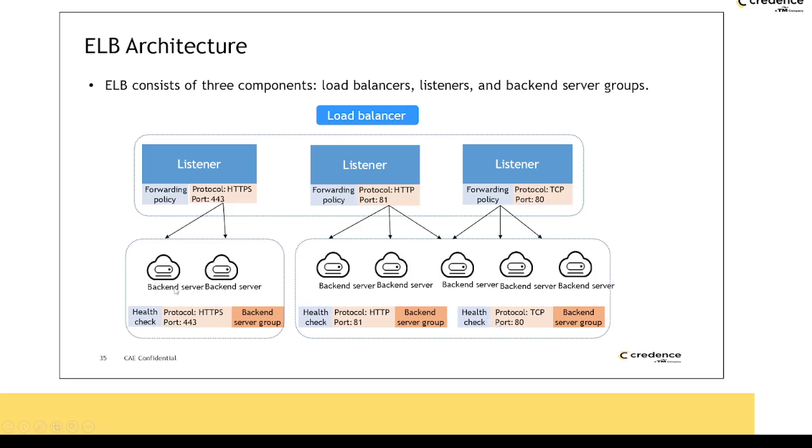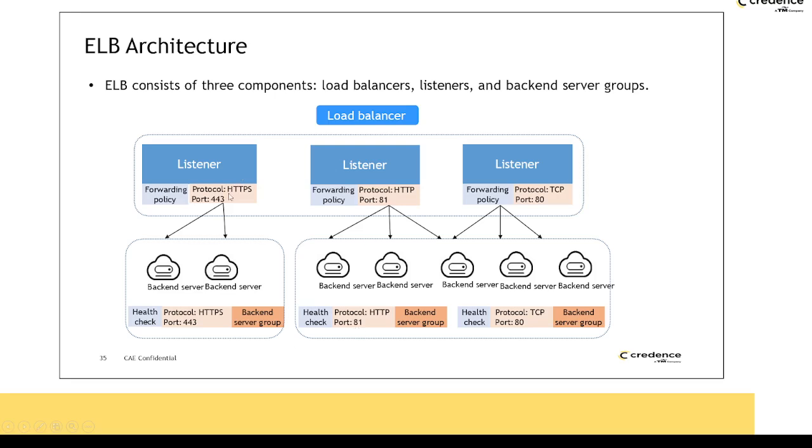The listener is based on the backend servers that have been configured. Let's say in the backend we have 5 backend servers in this part and only 2 backend servers in this part. Let's say this one is configured for port 443, this one for 81, and these 3 backend servers for port 80 and these 2 servers for port 81.